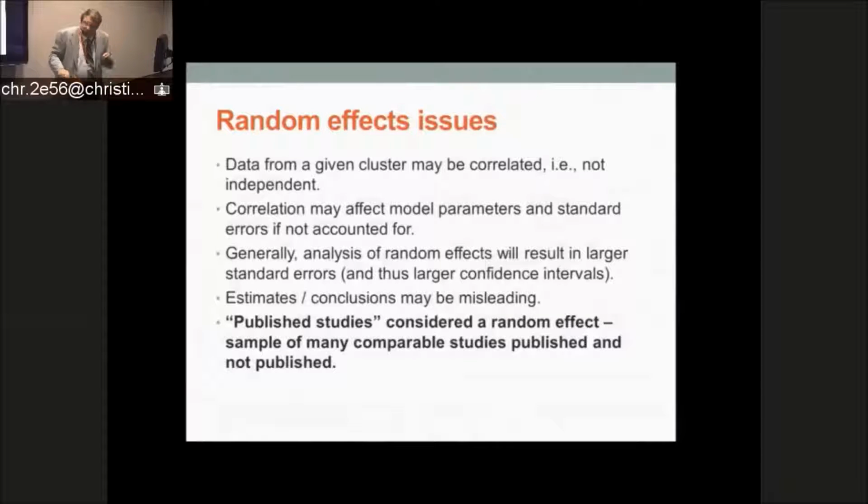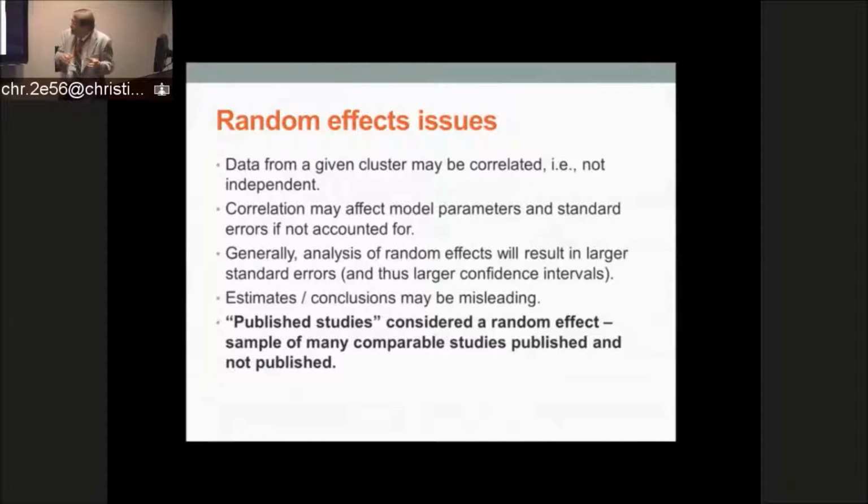Okay, so the issues, and we've kind of already talked about this a little bit, the reason that you include some factors as random effects in your study is because if they come from a cluster like a hospital or a healthcare system, that data is essentially correlated.